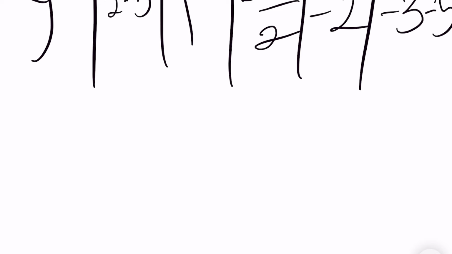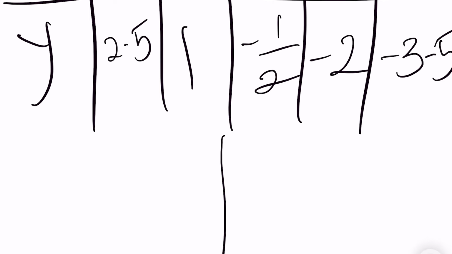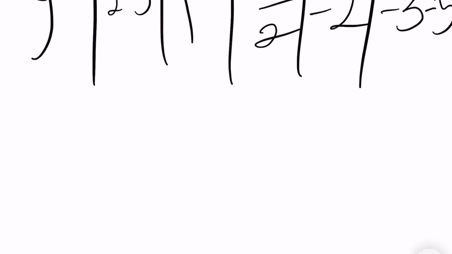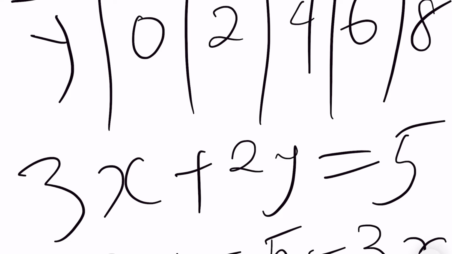Now we plot our graph. Here the highest number for y is 8. So we can have 8, 6, 4, 2, 1, and here is 0.